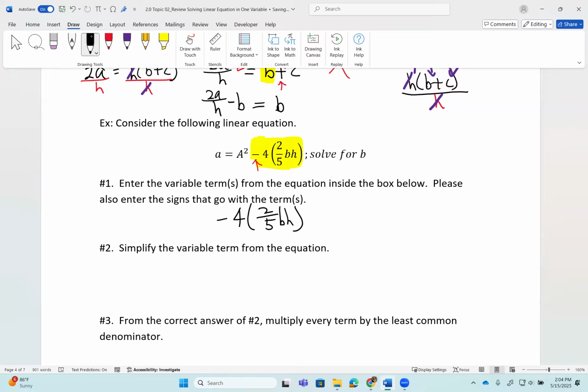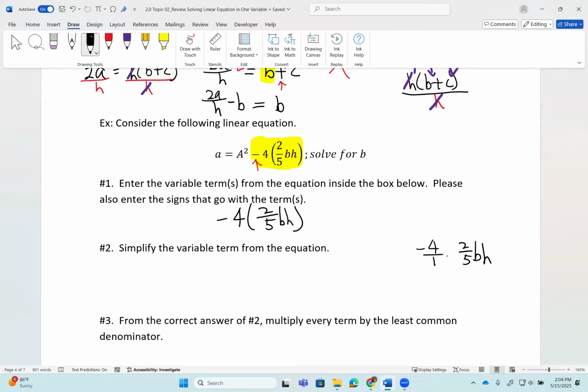Because there's no plus or minus sign inside this parenthesis, this is a straight multiplication. Negative 4 times 2 over 5 BH. It's straight up negative 4 over 1 times 2 over 5 BH. Okay, it's not a distribution. Distribution only happens when you've got multiple terms inside the parenthesis. Not in this case.